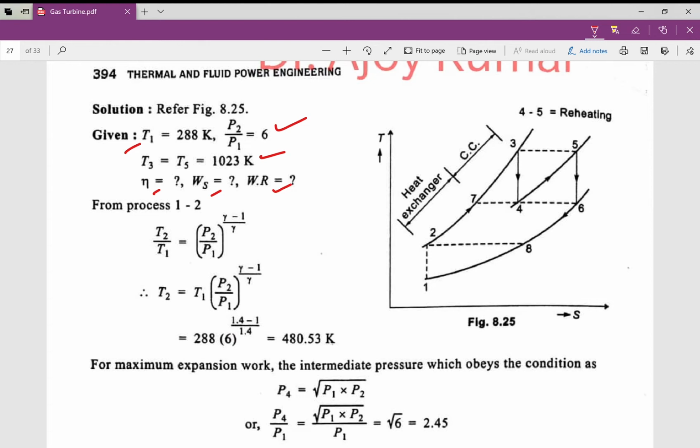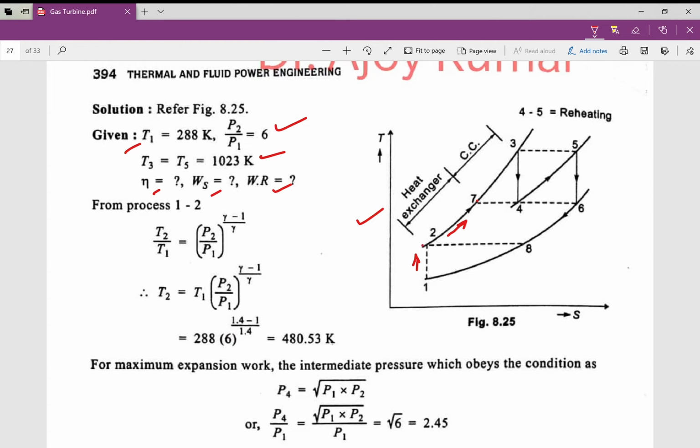So dear students, first let me explain about this TS diagram. Process 1-2 is your isentropic compression taking place in the compressor. Then compressed air goes to the heat exchanger where heat is transferred and that air gets heated from 2 to 7.